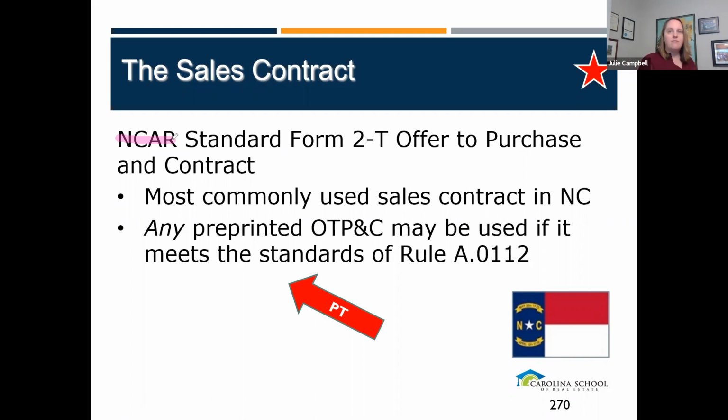So you have NAR and then you have NCAR. NCAR, along with their legal teams, active members of the North Carolina Bar Association, have come together and created the forms for us to use.